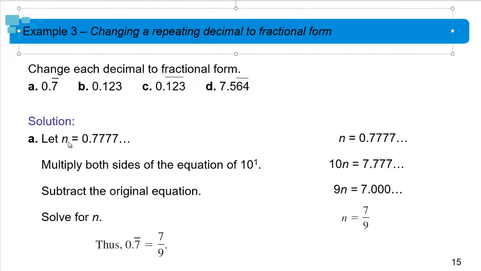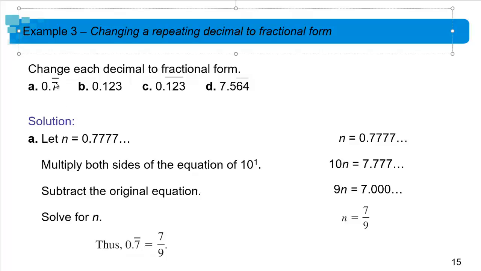You always let n equal just the initial number that you have, the initial decimal. Then you multiply both sides of the equation by enough tens, enough powers of 10 to get one full copy of the repetition over on the left-hand side of the decimal.